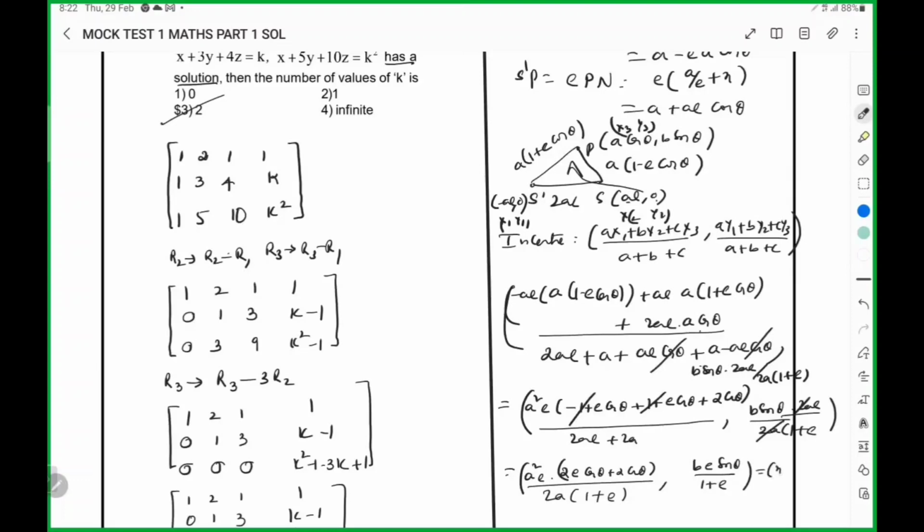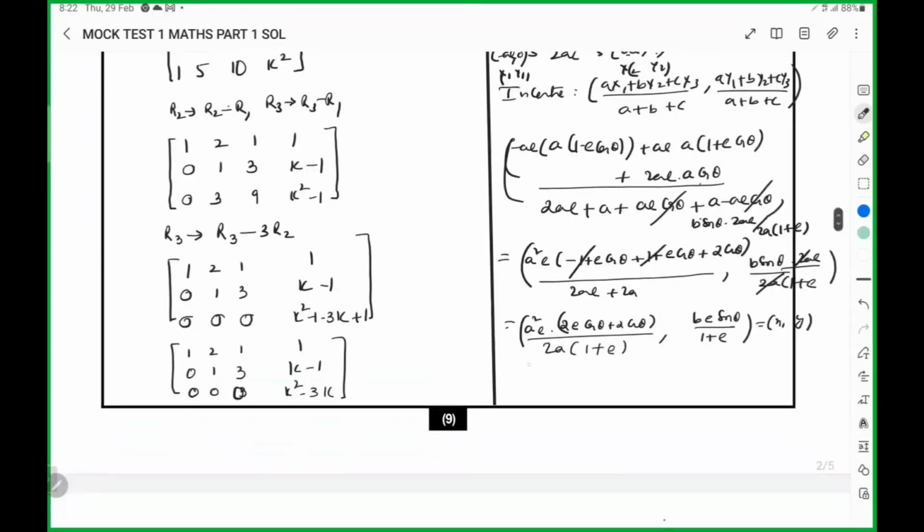This is the point for which we have to find the locus. So A gets cancelled, and we get AE by 2 cos theta into E plus 1 by 2 times 1 plus E. So BE sin theta by 1 plus E. Here, let the point be X comma Y.